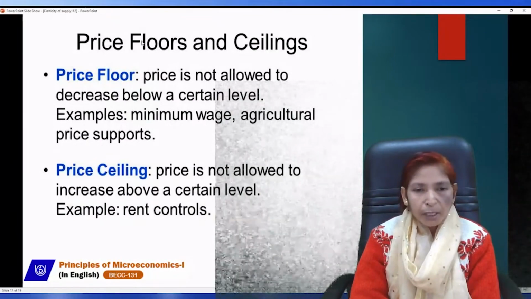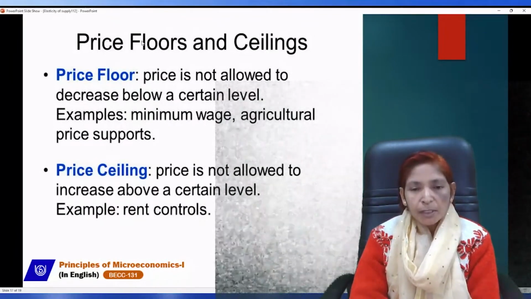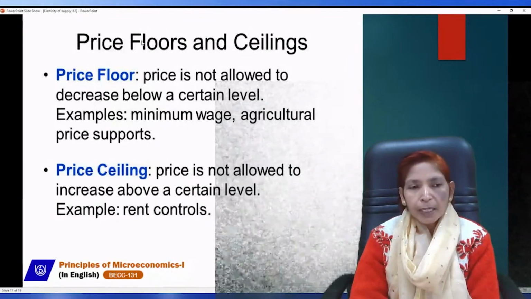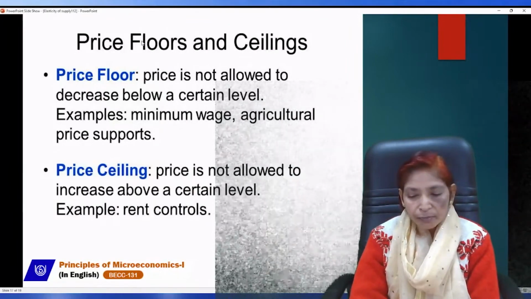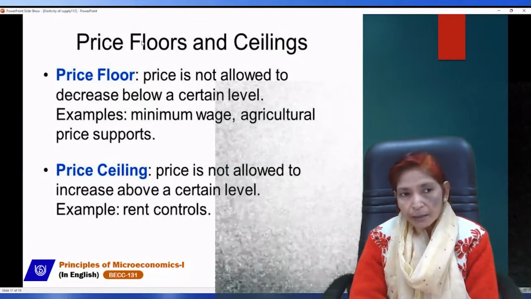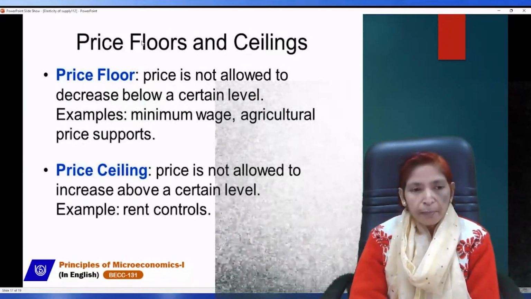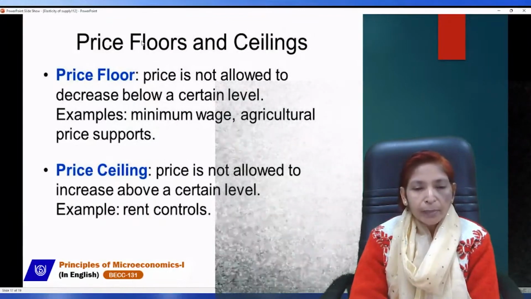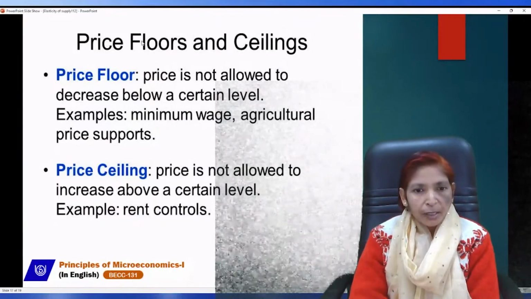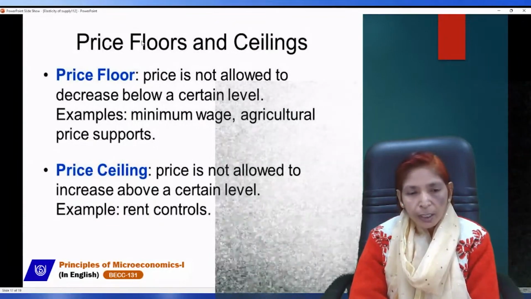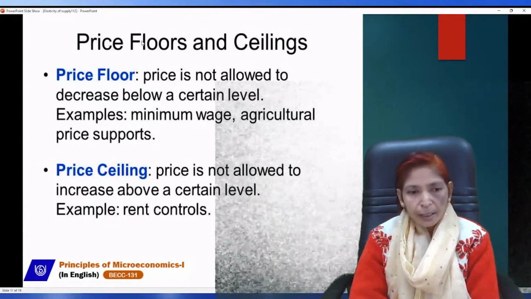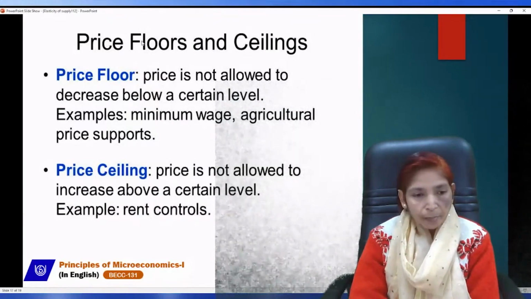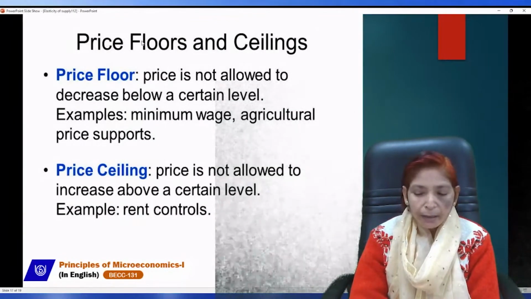For example, minimum wage and minimum support price, all these concepts are related with price floor, and price floor is determined by the government. And price ceiling, the other name of this is maximum price limit. When price is not allowed to increase above a certain level, then it is called price ceiling. An example of price ceiling is rent control.